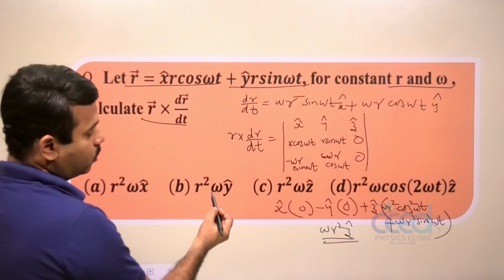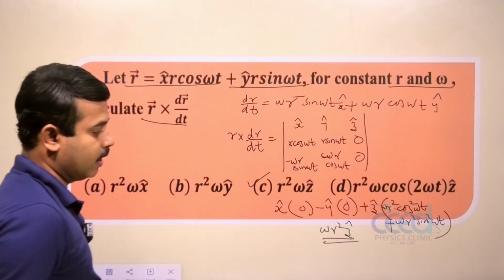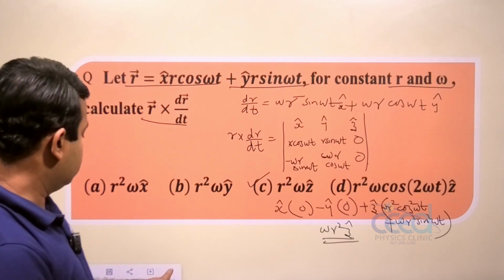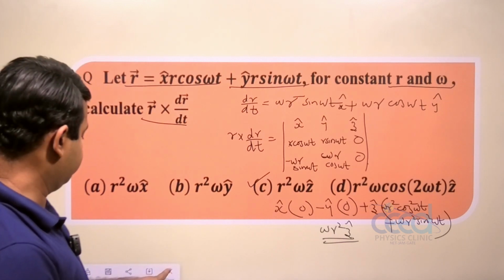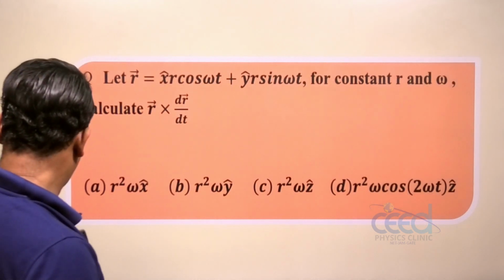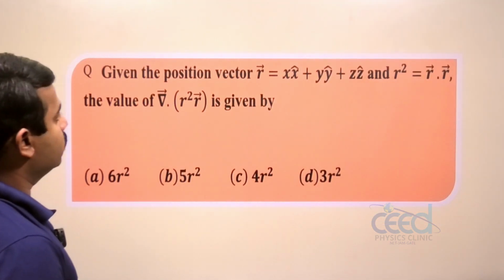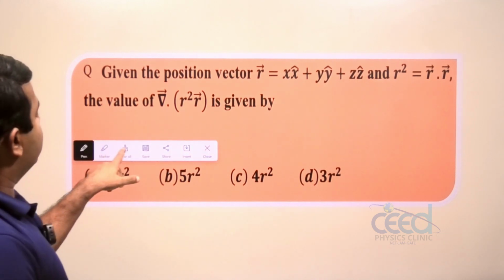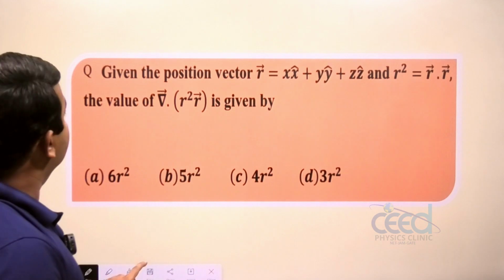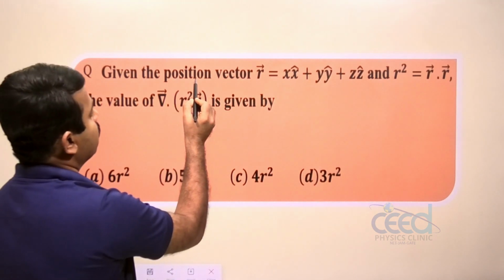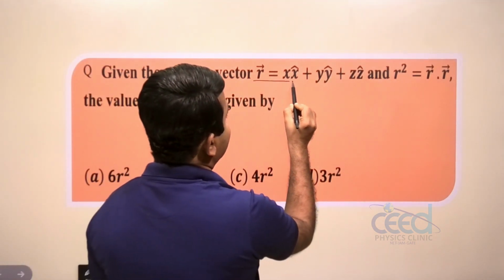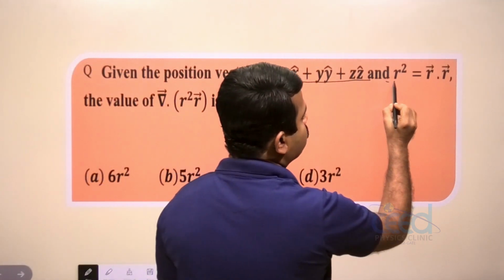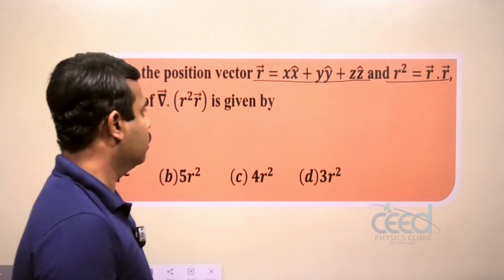So omega r square z cap, option C is correct. Now let us go to another question. Yes, here the position vector is given, that is x cap, y cap, z cap, and you know r square is equal to r dot r.